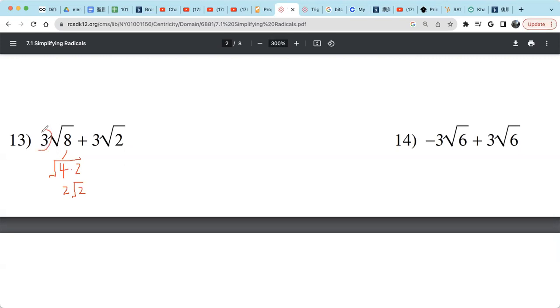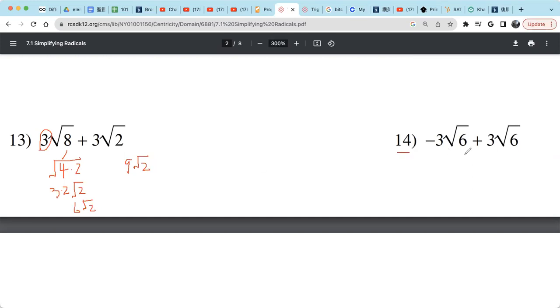But we have 3 here up front. So we multiply by 3. 3 times 2, 6. So the first term becomes 6 radical 2. 6 radical 2 plus 3 radical 2, the second term. So the answer for this, did you get 9 radical 2? I hope you get 9 radical 2. That's the answer for 13.